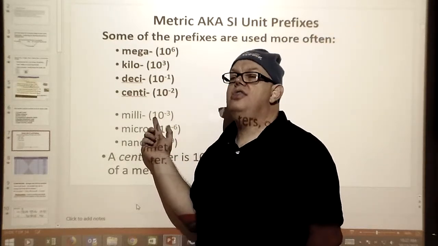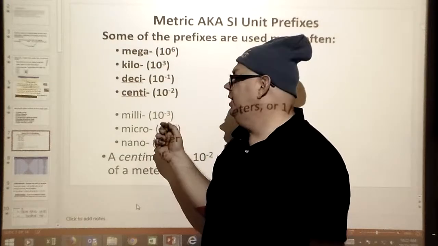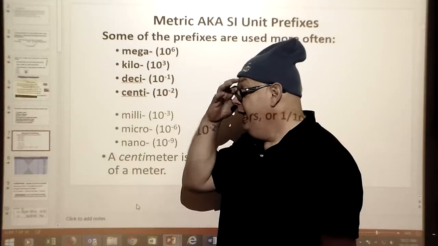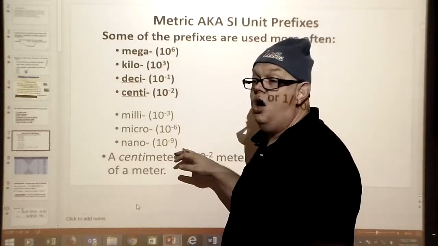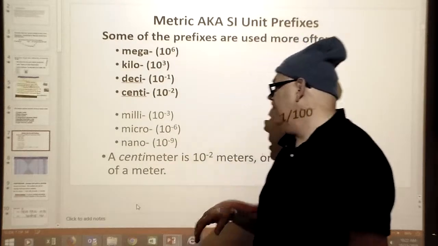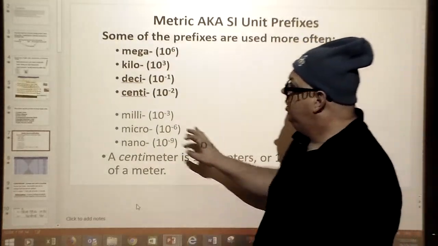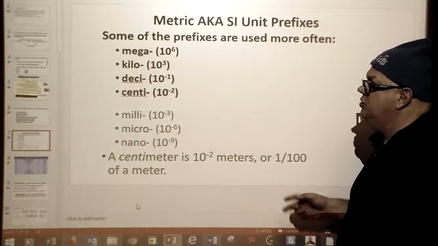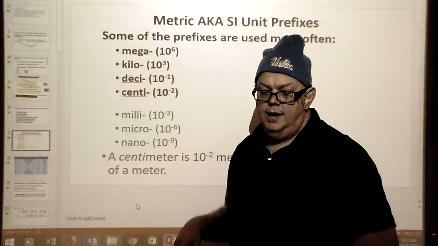Milli is 1/1000th, or 10 to the minus 3. Then there's micro, 10 to the minus 6th. And you guys have heard of nanotechnology, which is a way of saying it's very, very small. That's 10 to the minus 9th. So here we said a centimeter is 10 to the minus 2 meters, or 1/100th of a meter. Okay?